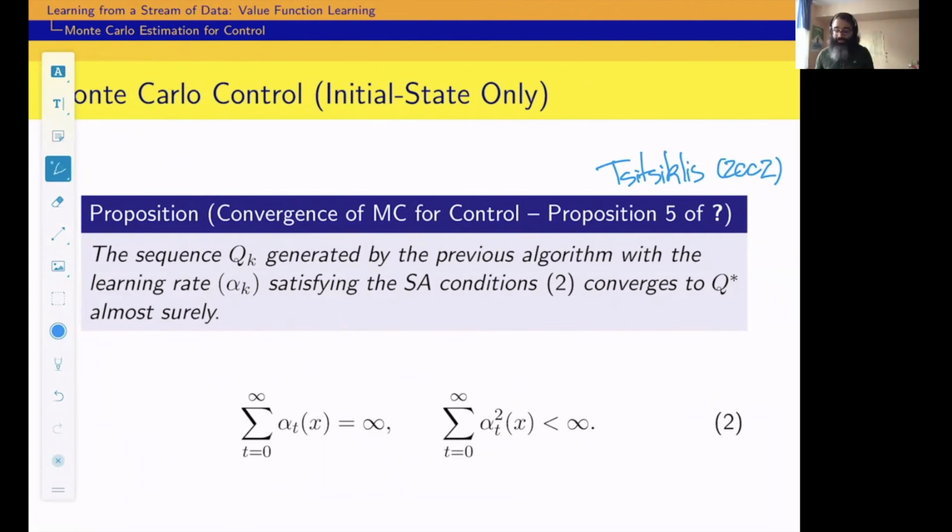That's kind of interesting because even though we haven't actually evaluated Q pi k exactly, I just use one rollout, even with that, this process converges.